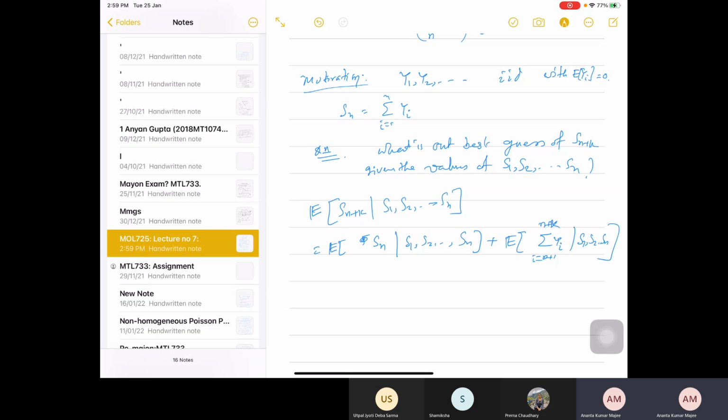Later on we write that Fn, the sigma algebra generated by S1, S2, up to S of n, is exactly the same thing.